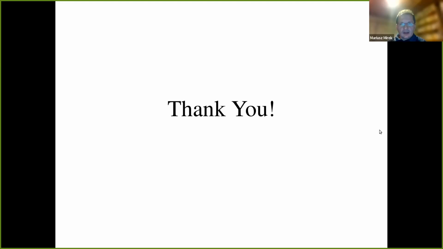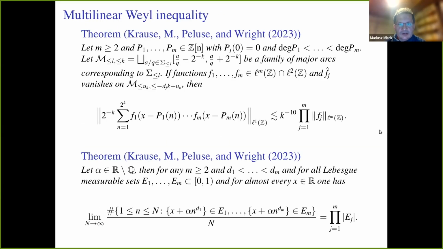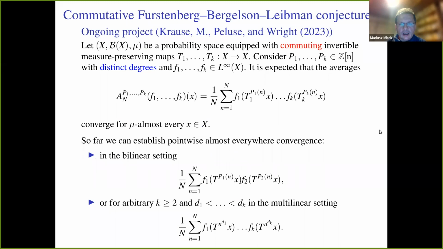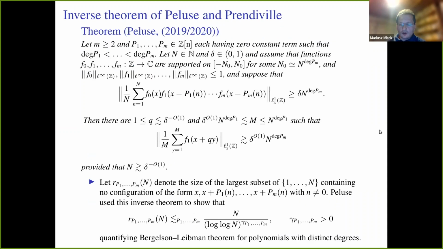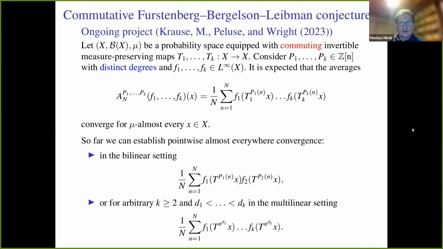Yeah, because when we start to play the game with the circle method, at some point when we are on a major arc, there is a natural multilinear analog of this average. Let me go back to this average.